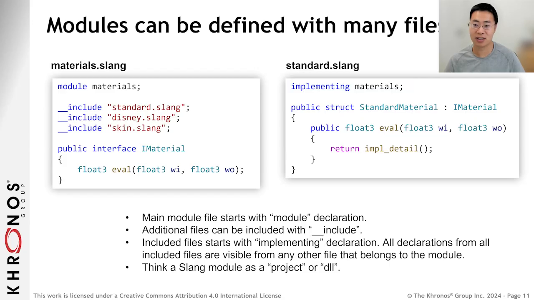An analogy to a Slang module is that it's like a C# or C++ project that compiles into its own static or dynamic library. And the boundary of your library is defined by the public types and methods. And every file within the module can access things defined in a different file.